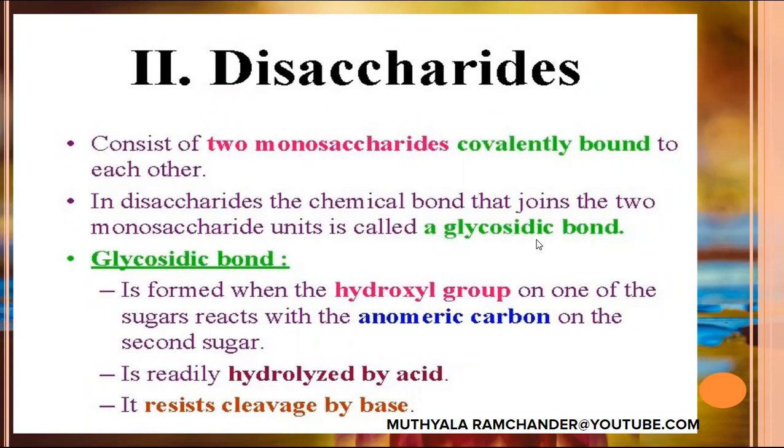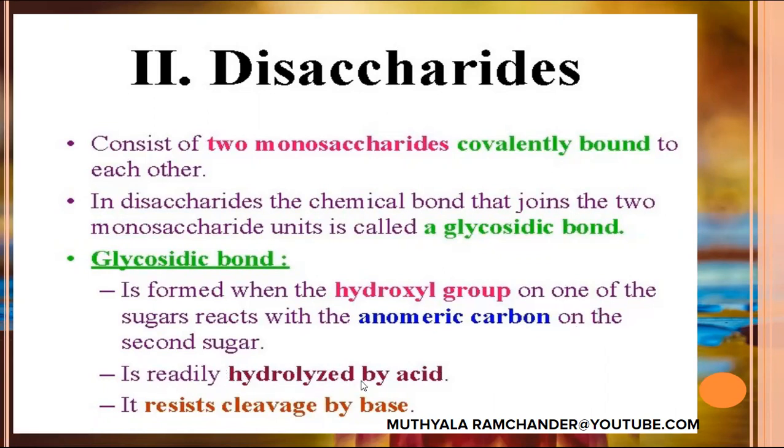Now we discuss this glycosidic bond. It is formed when the hydroxyl group of one sugar reacts with the anomeric carbon of the second sugar molecule.